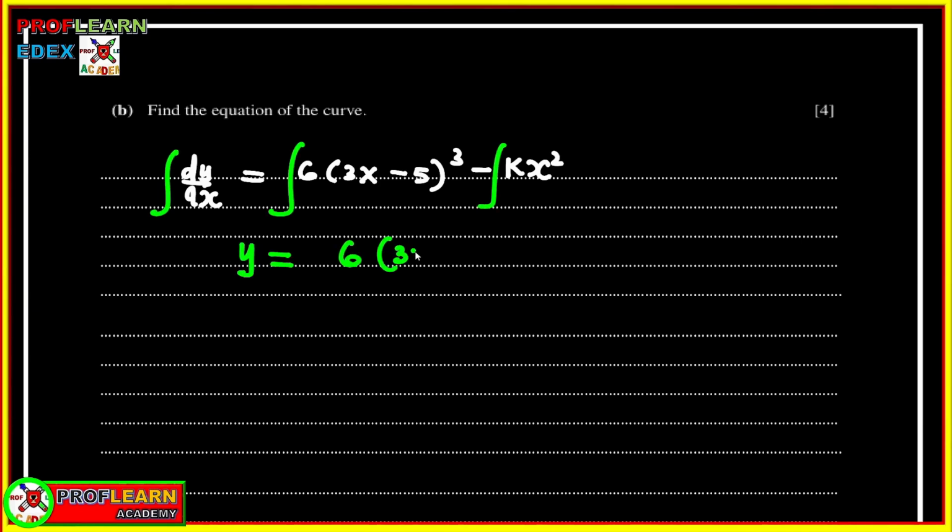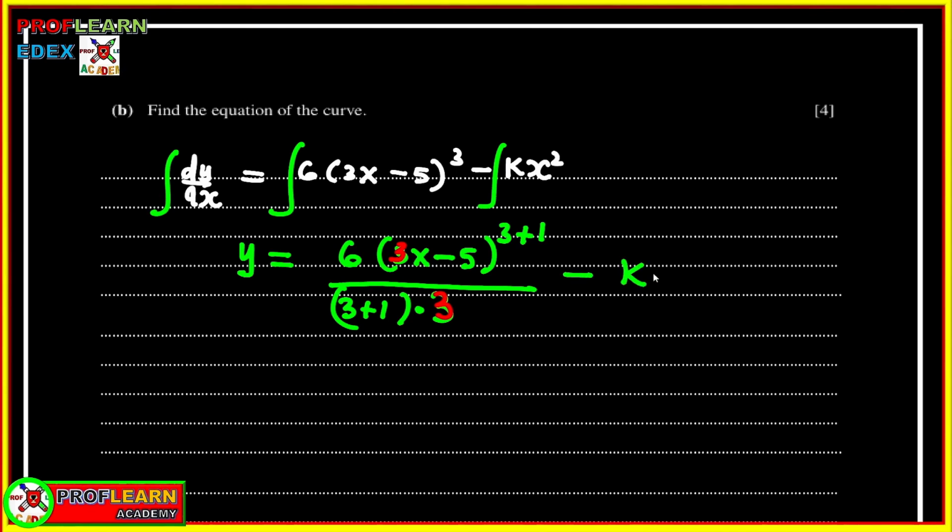Write the expression the way it was, 6 into (3x minus 5) raised to power 3 over, then we're going to increase the power by 1, so that will be 3 plus 1. You divide it through by that 3 plus 1, and then the 3 that we are having in front of x, you bring it down here. Then you are done now. So if you are having 4 in front of x, you are to multiply the denominator by 4. So I believe that is well understood.